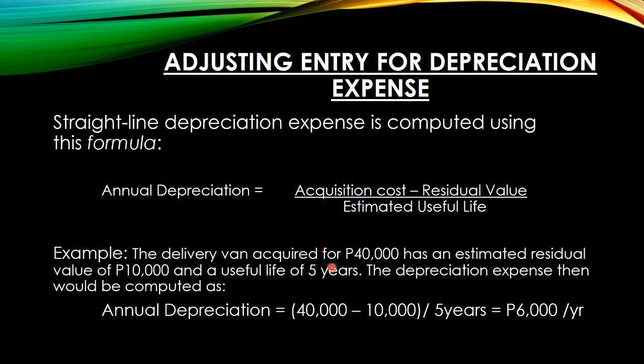Take note, it is years that we divide by, so what we will get is annual, meaning that is the depreciation for the whole year. The depreciation expense would then be computed as 40,000 minus 10,000 divided by 5 years. So our answer, the annual depreciation, is 6,000 per year.